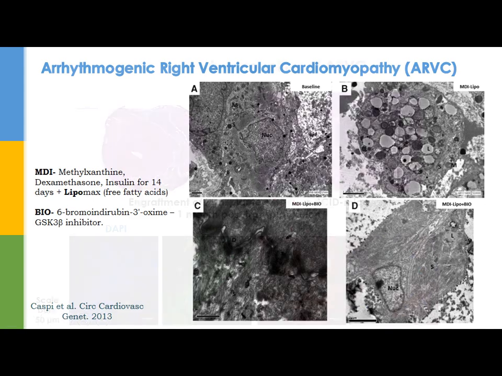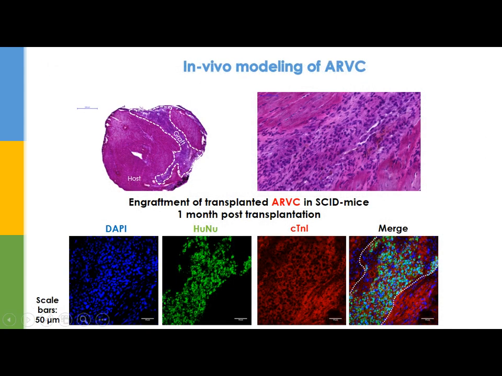And we used the in vivo model to model this disease. We got very nice stable grafts up to 3 months of human cardiomyocytes within the mouse heart. And you can note here that the human cardiomyocytes differentiated very nicely. They were much more differentiated than the in vitro cells.